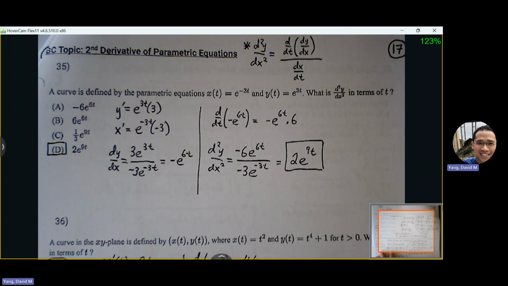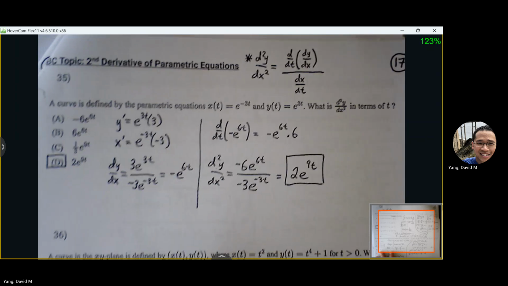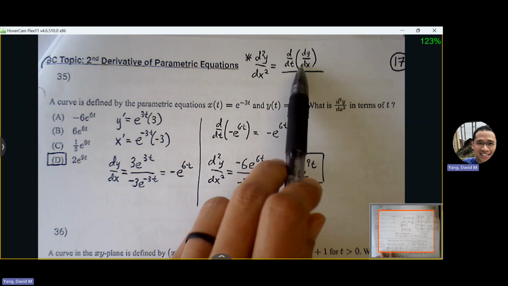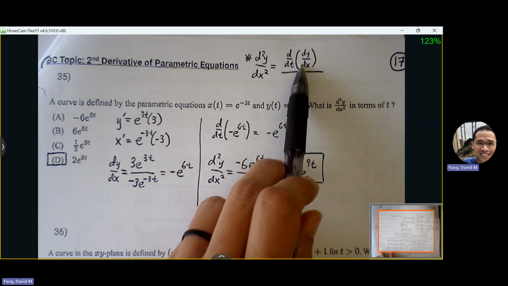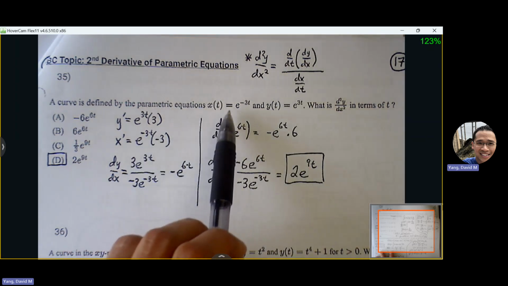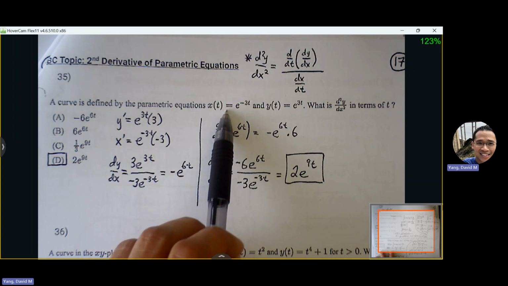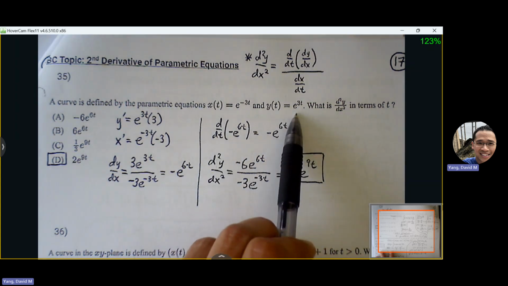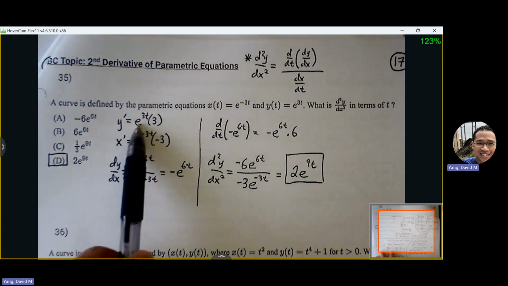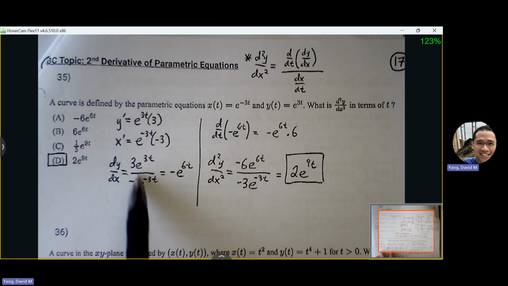All right, so try 35 and 37 on page 17. So we first have to build dy/dx. We have to get our dy/dt and our dx/dt. For dx/dt, we go through e to the u times u prime, and y prime is also e to the u times u prime. So we get our two components and put them over each other.